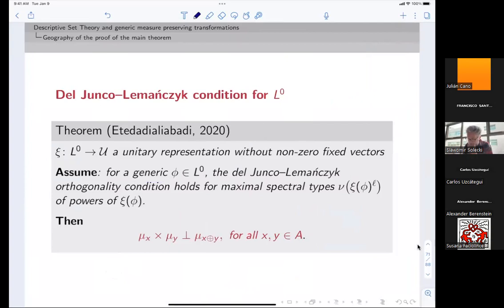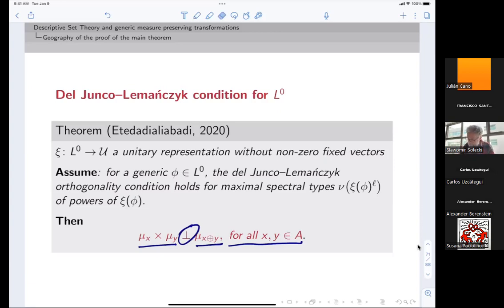In particular, the Del Junco-Lemańczyk condition implies, by Etedadi Aliabadi, that for all x and y in A, this product measure is orthogonal to the measure computed for the sum of x and y. We have this orthogonality for these two measures that we are paying attention to, for all x and y.